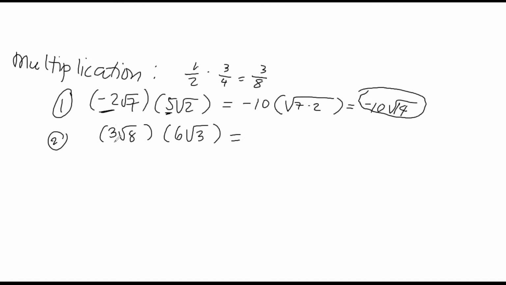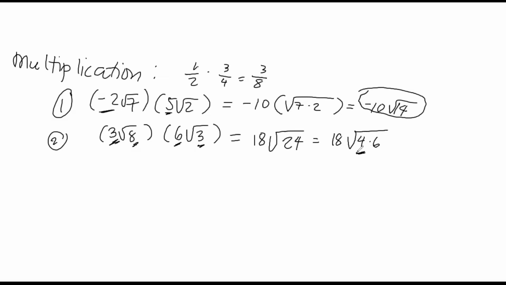Okay, so second example, we have 3 square root of 8 multiplied by 6 square root of 3. So this is just simple. 3 times 6 is 18, and 8 times 3 is 24. But you can simplify this further by factoring 24 into 4 times 6.